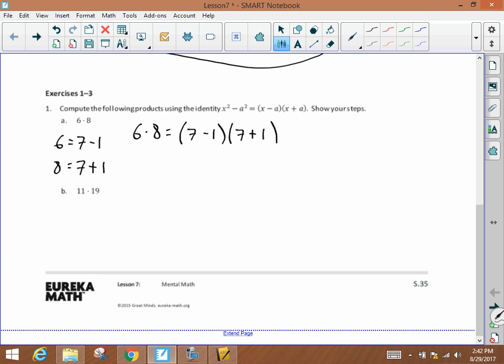Yes, I can. Which we can then use that identity to say that that's the same thing as 7 squared minus 1 squared. What is that? That's 49 minus 1, or 48. And we got that right because we know our times tables.